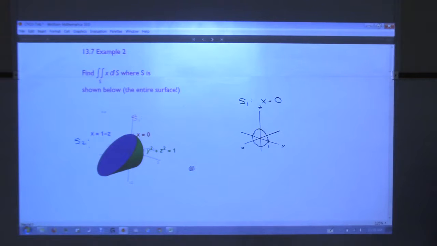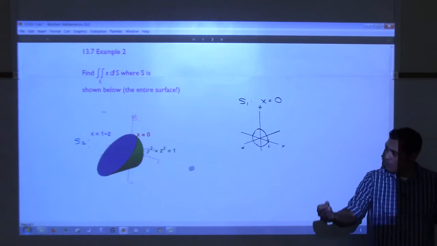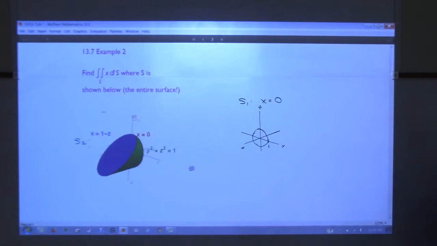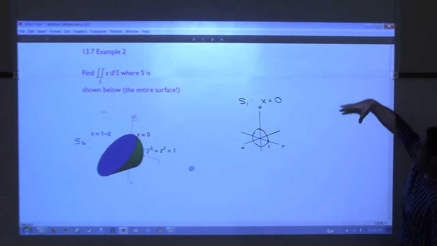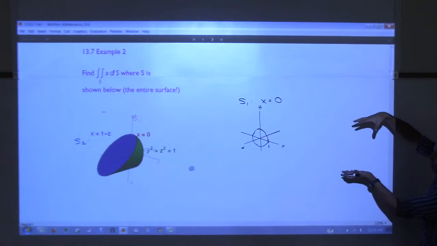I just gave you 3 formulas, shortcuts on doing surface integrals. If you can somehow write your surface as a function of x and y, you do it one way. If it's a function of y and z, you do it another way. If it's a function of x and z, you do it another way. So is this surface a function of x and y, like on the top, ground is x, y?